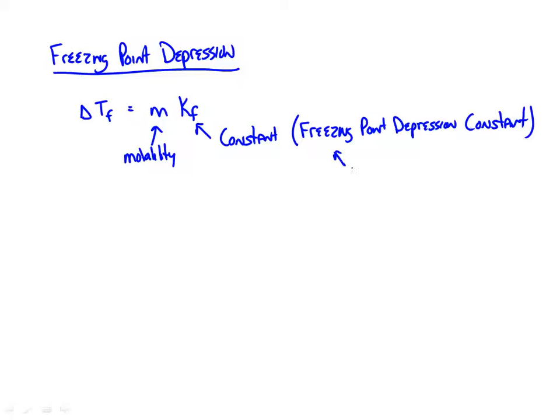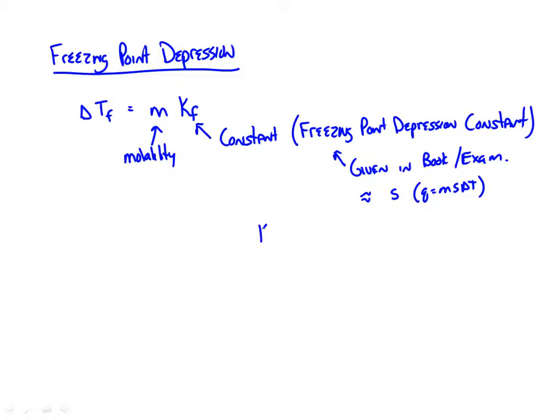And this is not on your cheat sheet, but it's going to be given in your book, or I'll also give you the value on an exam, meaning don't bother memorizing it. What the freezing point depression constant really is, is essentially the same thing as S in Q equals m S delta T. It's merely a constant that we look up all the time.